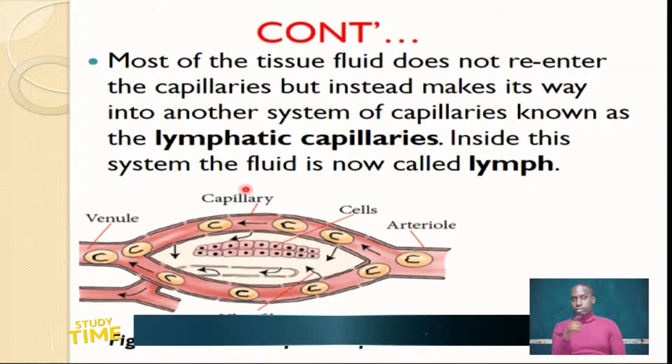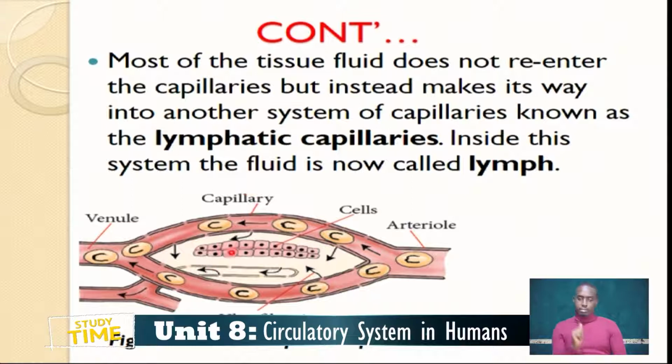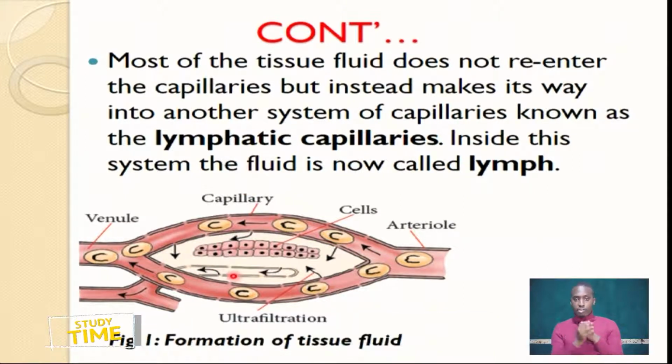These are the capillaries. After this fluid is released around these ends, it forms what we call tissue fluid, by means of ultrafiltration. If I mention ultrafiltration, this is not your first time to hear the word.